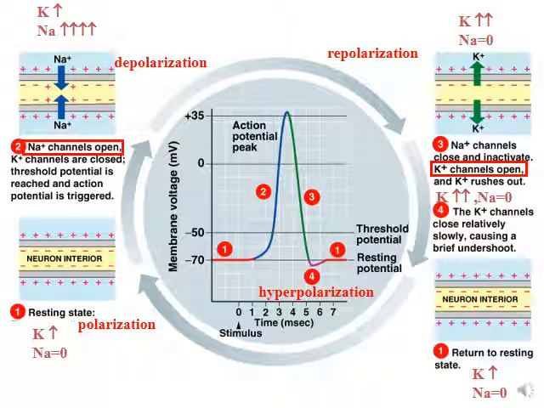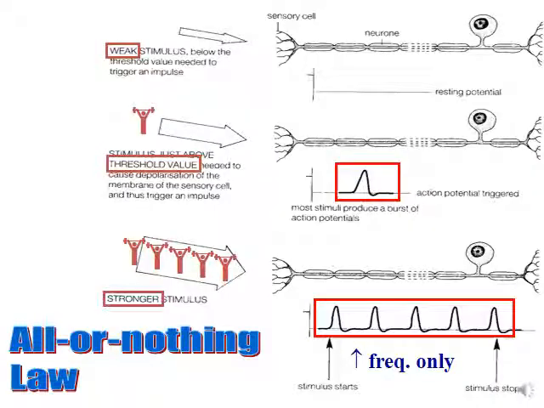Here we have this figure where at resting potential we have polarization, then we move to depolarization where the Na+ channel is open. Phase number 3 is repolarization, where the K+ channel is open, and then we go back to the resting phase. You have to know that if there is a weak stimulus, there is no action potential.